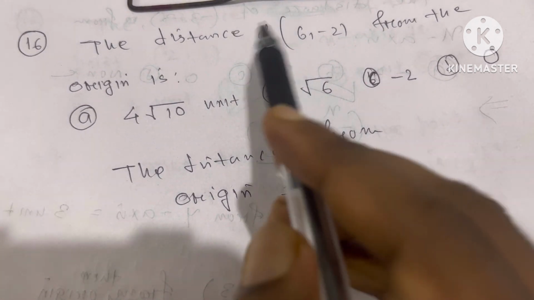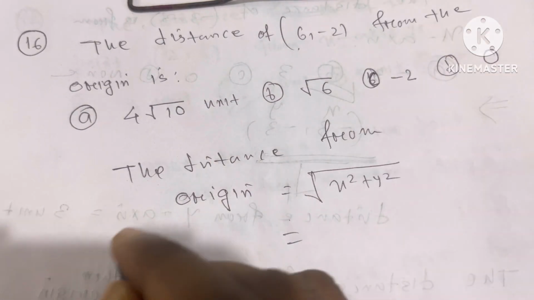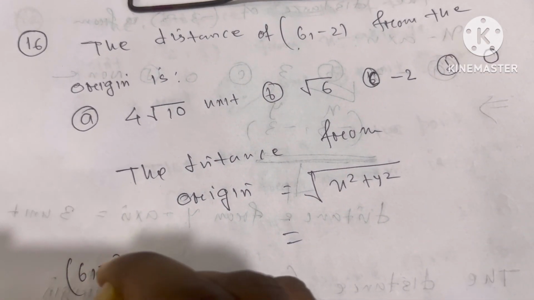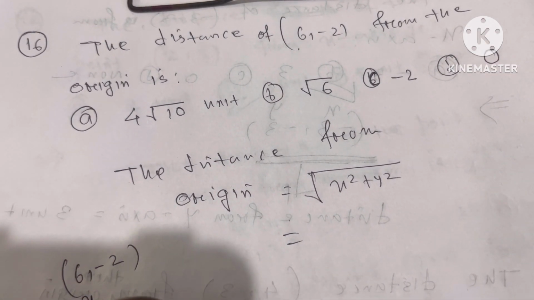So what is the value of x here? Our coordinate is 6, minus 2. So here x value is 6 and y value is minus 2.